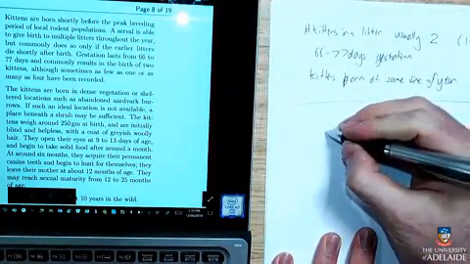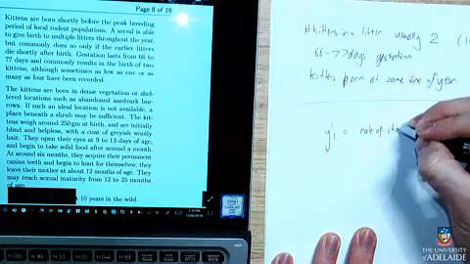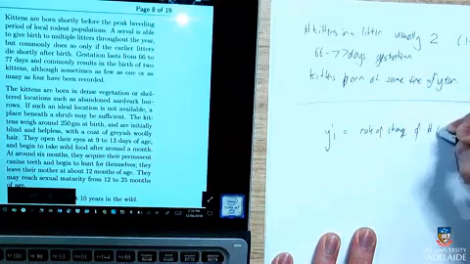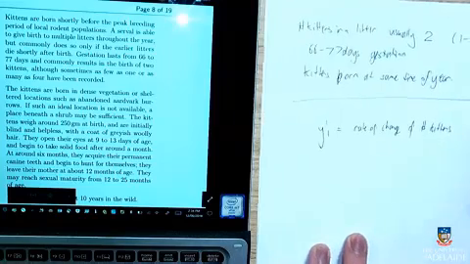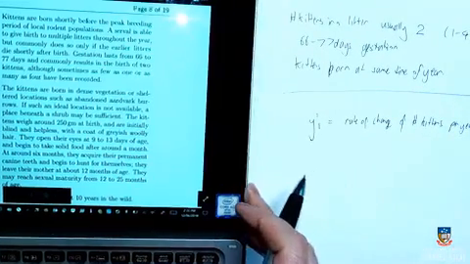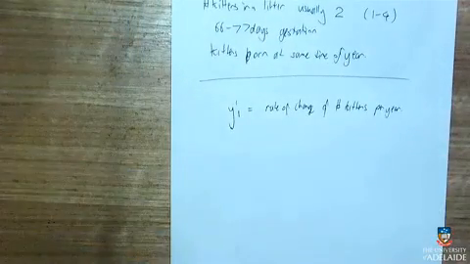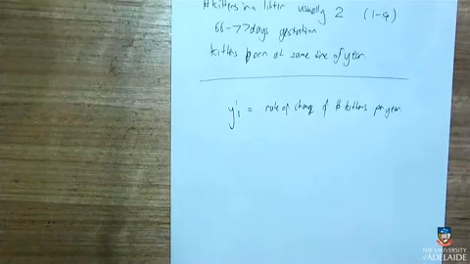Well, let's think about this. Y dashed 1 is the rate of change of the number of kittens per year. That's what that is, because Y1 is the number of kittens, and the Y dash 1 is the rate of change of the number of kittens per year.